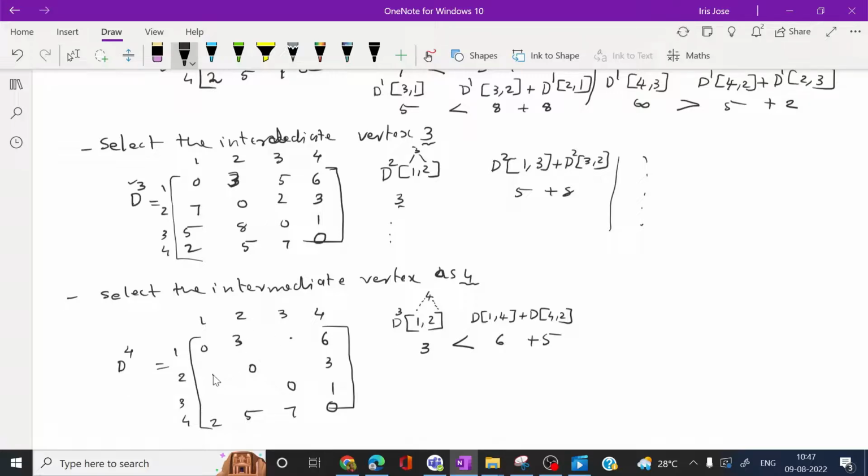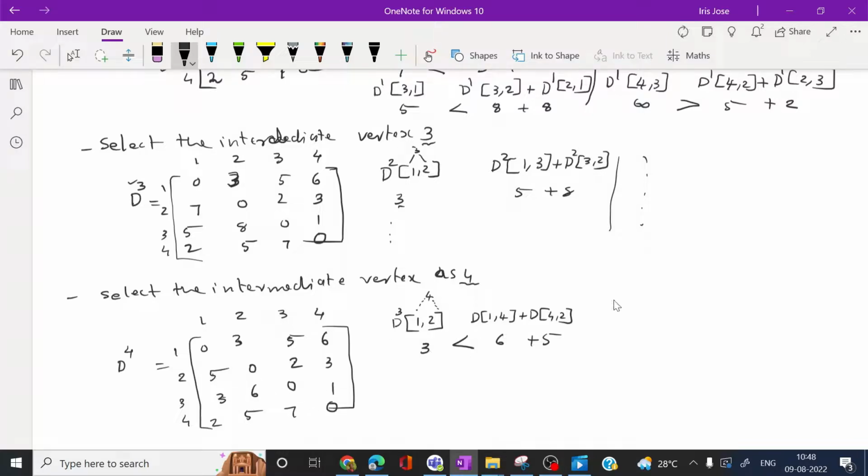Similarly, we can fill all the other values. After that we will get the values as, here we will get 5, then here it is 5, then here you will get 2, and here you will get 3, then 6. So these are the values.